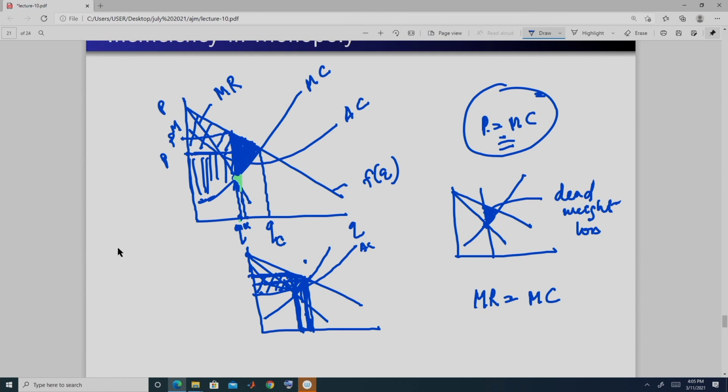Or instead we can do it like this. At the monopoly market price, we take some individuals who cannot afford this price, and we give them this much amount and charge them this much price.